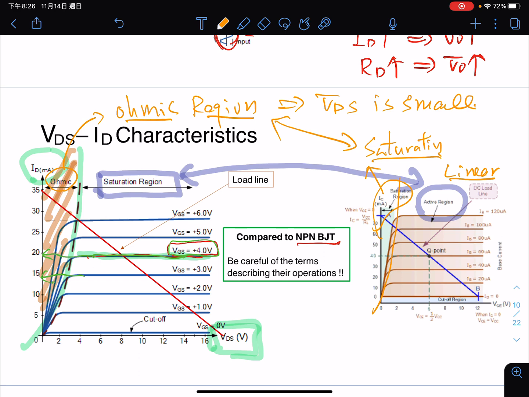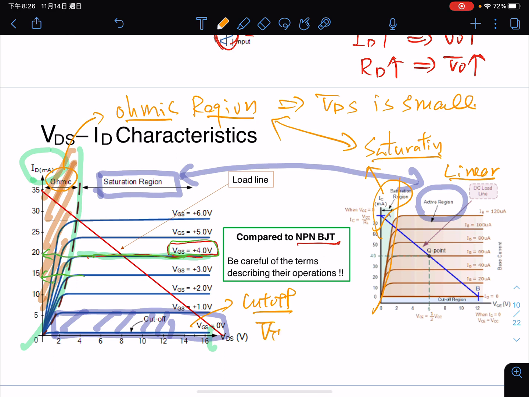And when VGS is too small, we call this one the cutoff region. In this case, it means that VTH is equal to 0 volt. But usually, the VTH, the threshold voltage, cannot be 0 volt.